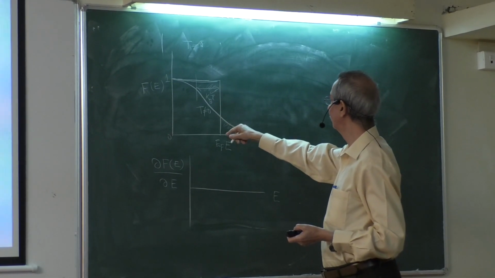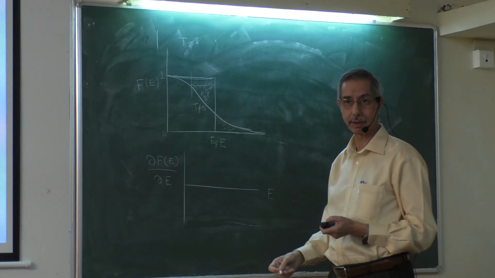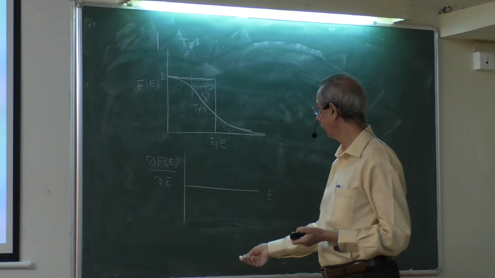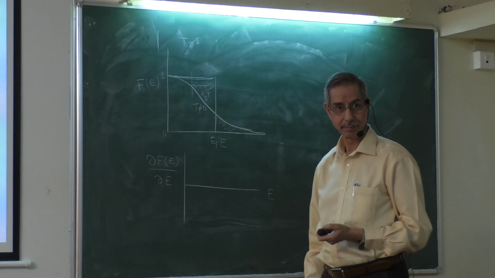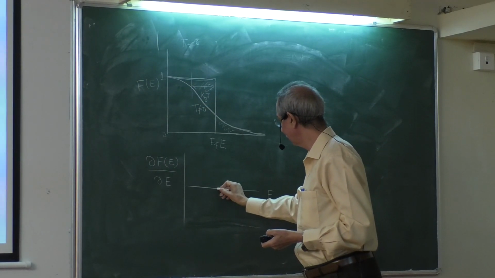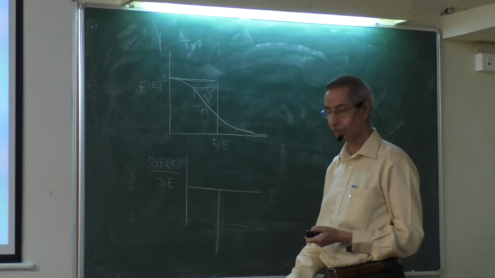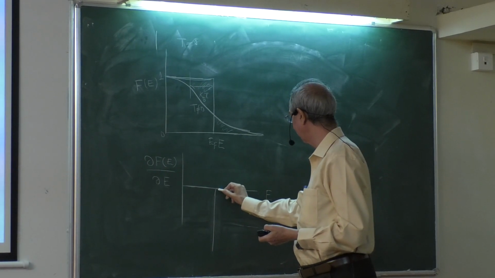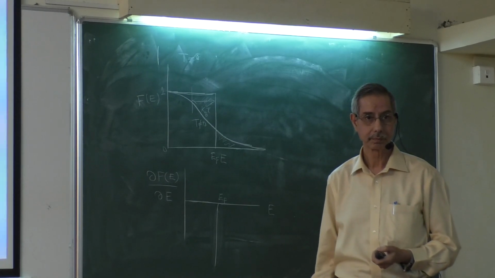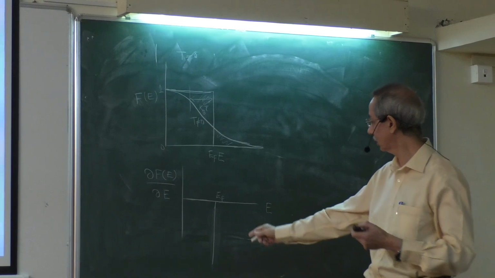At absolute 0, f(E) is a step function, so its derivative will be 0 on either side, and you have just this.